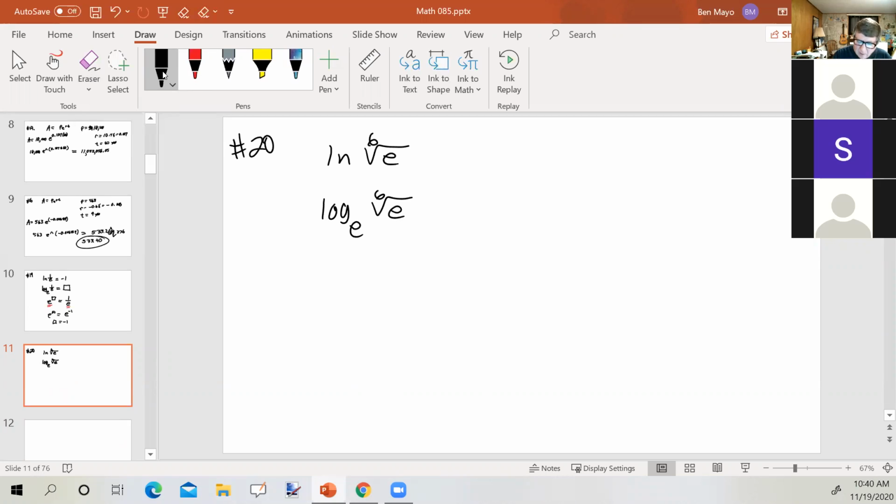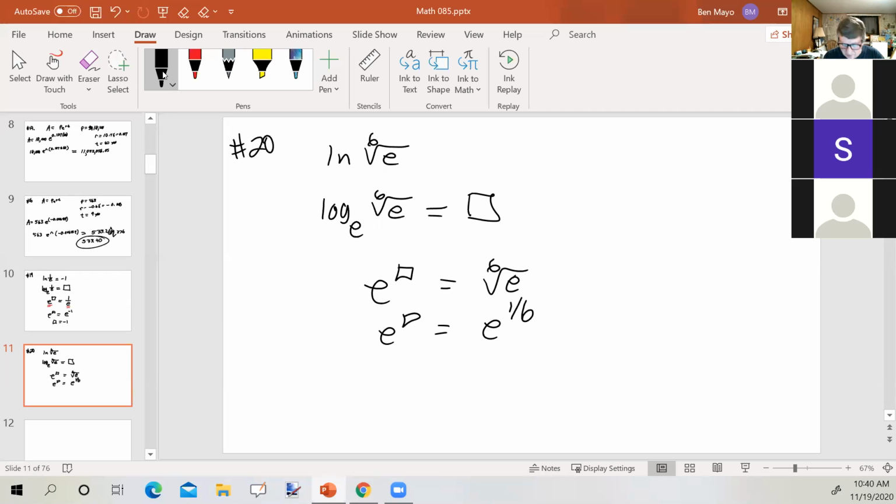I'm going to set that equal to some unknown box. Now, changing this into an exponential equation, e to the box equals the 6th root of e. But the 6th root of e would be e to the 1/6 power. So the box equals 1/6. So there's your answer.